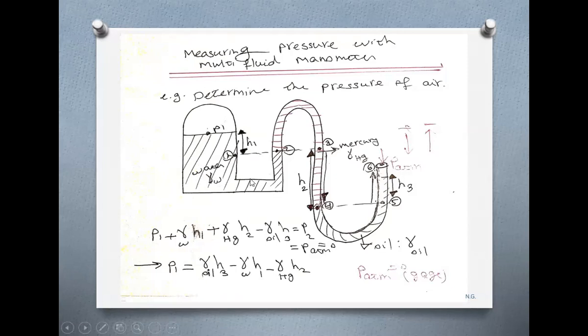And there is water up to here. And then from here, 2 to 3 in this U-tube, there is mercury, which is the gauge fluid. And then from 3 up to 5, that is oil. So from here, we just follow up to here, 3 to 5, that is oil.